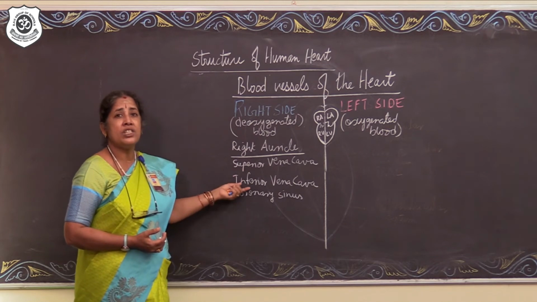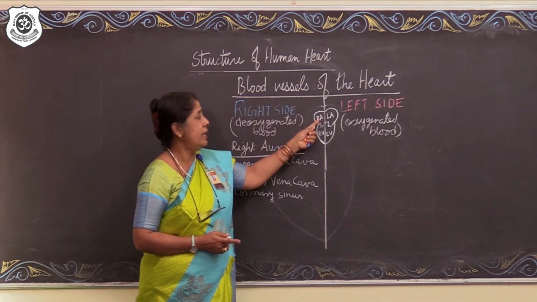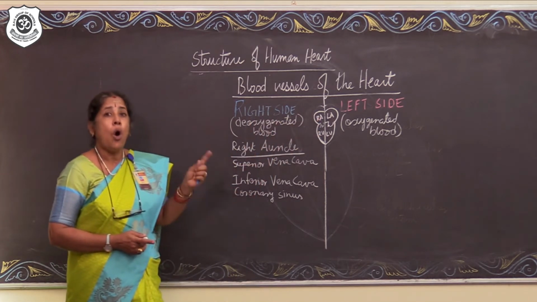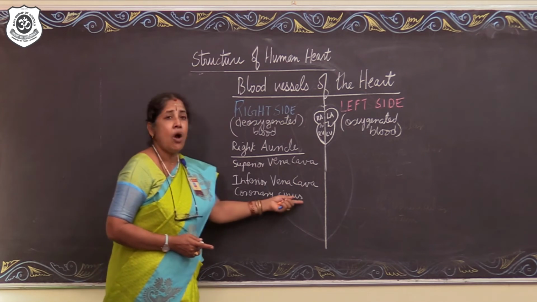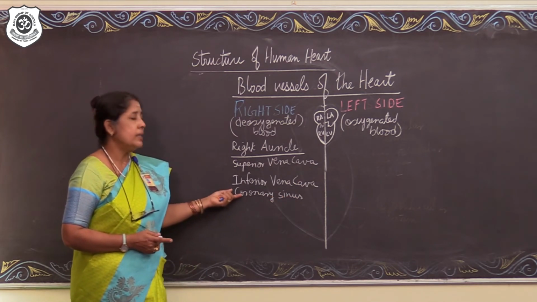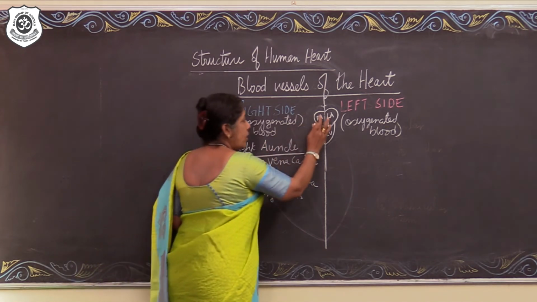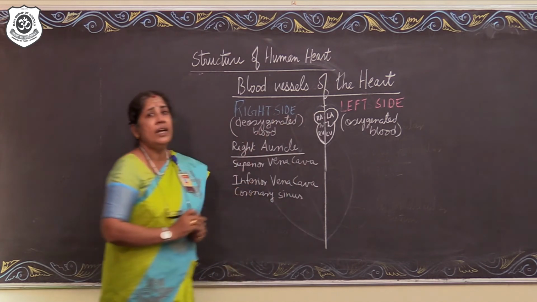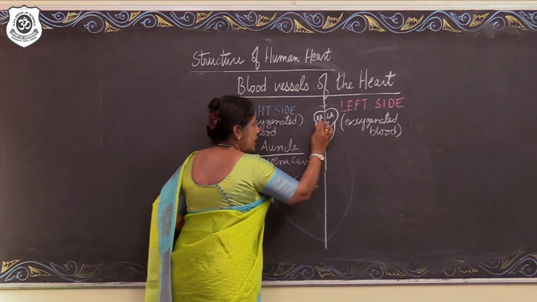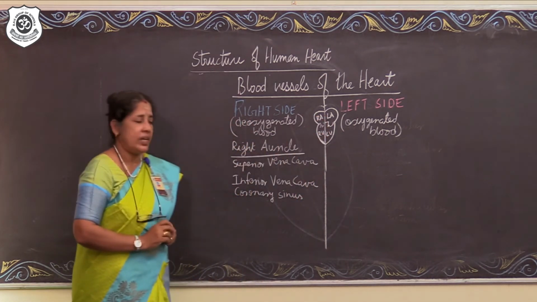Both these major veins come and pour the deoxygenated blood into the right auricle. The right auricle also receives the deoxygenated blood brought from the walls of the heart by this vein called the coronary sinus. From the right auricle, the deoxygenated blood is pushed into the right ventricle.